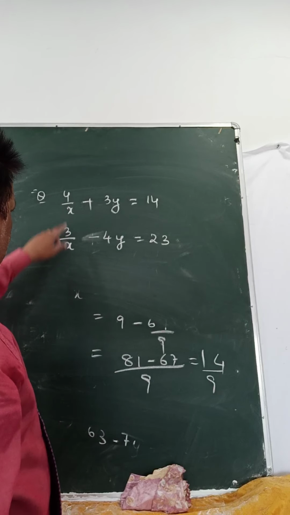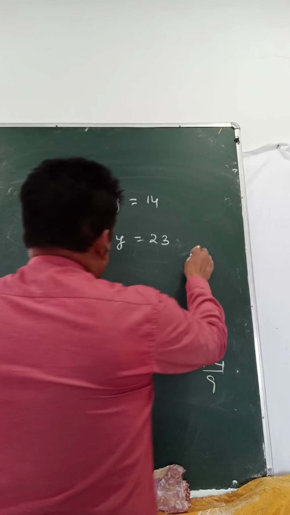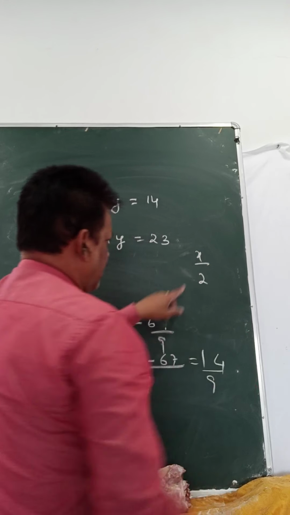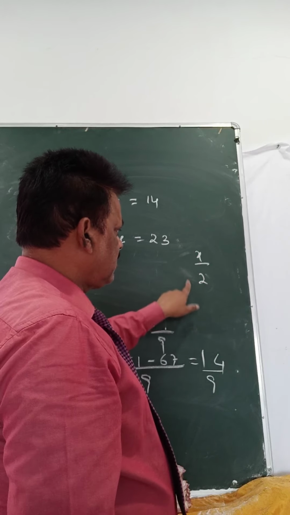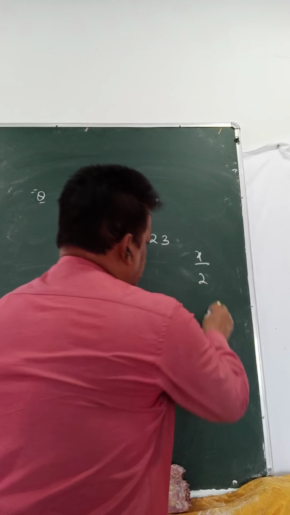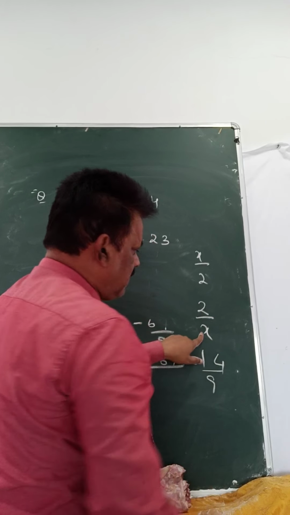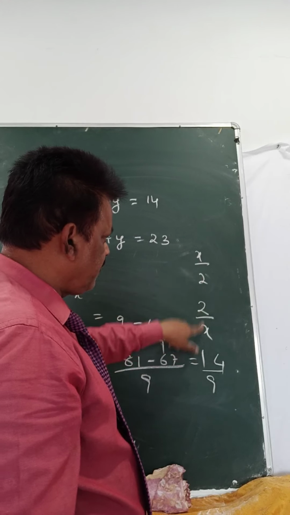Okay, now look at here. This is something different. x by 2 means constant in the denominator, but 2 by x, variable in the denominator. So these two are different here.